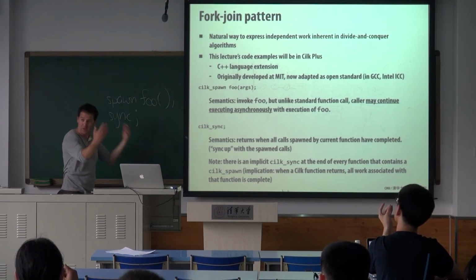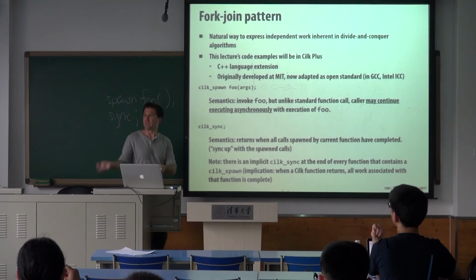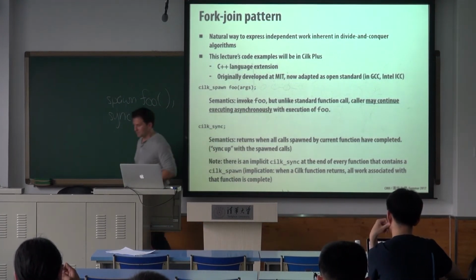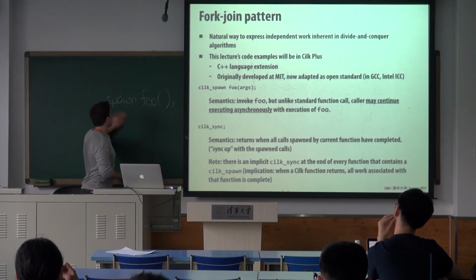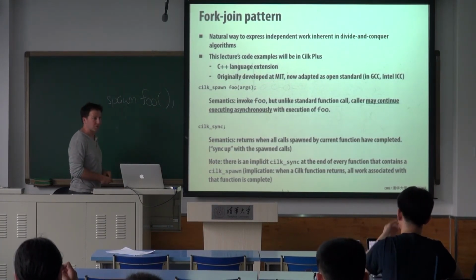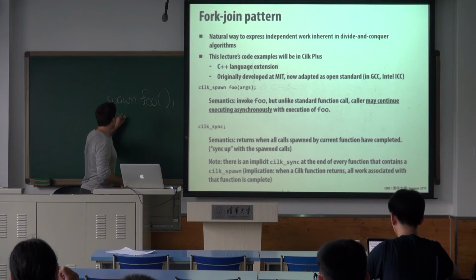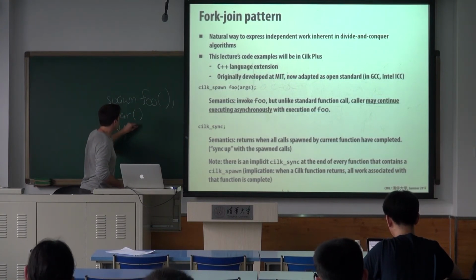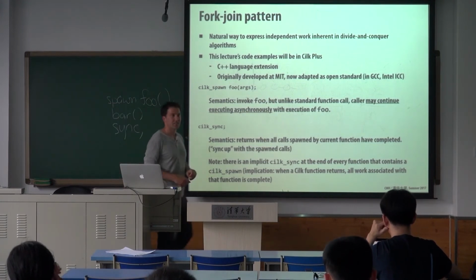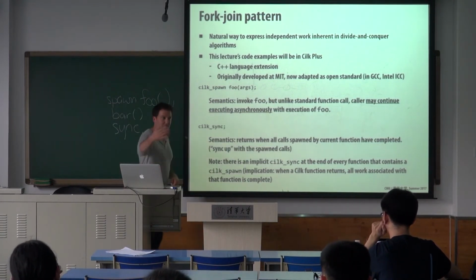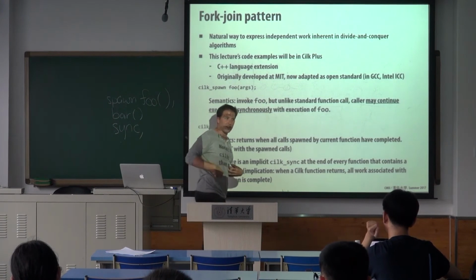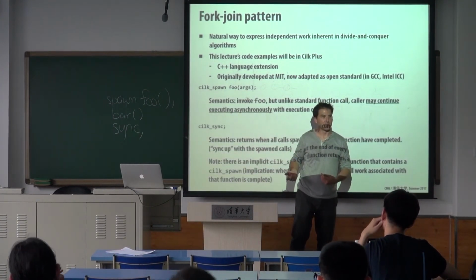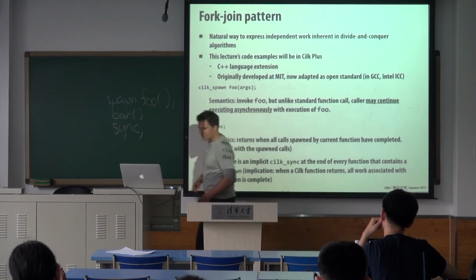Because I spawn foo, and then I wait for foo to be done, and then I continue on. But now I can do this. I can say spawn foo, bar, sync, which means I can spawn foo, do bar, and then say, hey, is foo done, and wait for foo. So it's a little bit different.